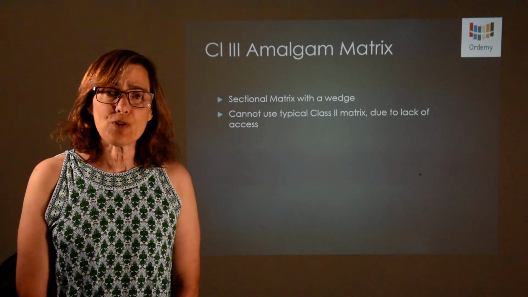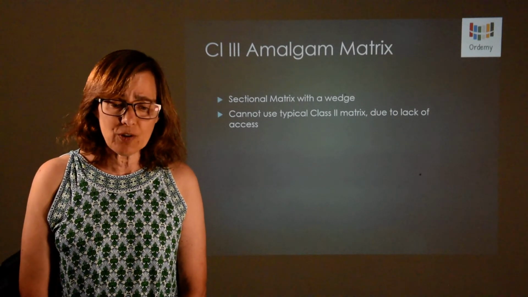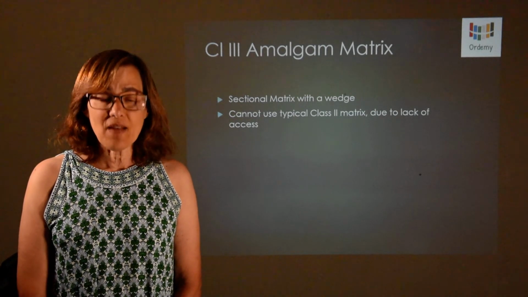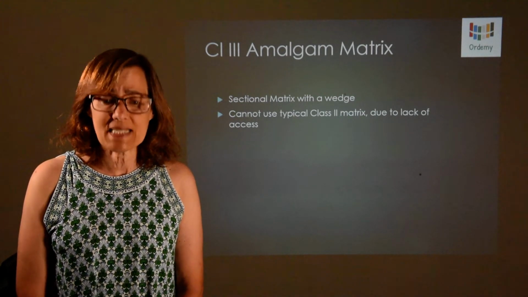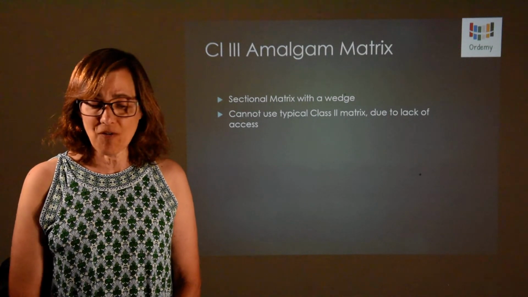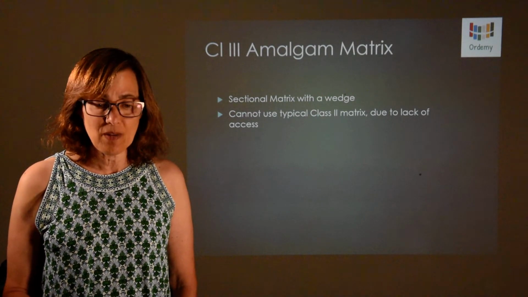To restore the tooth, which is what you will be doing, you need to have a matrix system. For the Class 3, the matrix system is the matrix itself and the wedge.